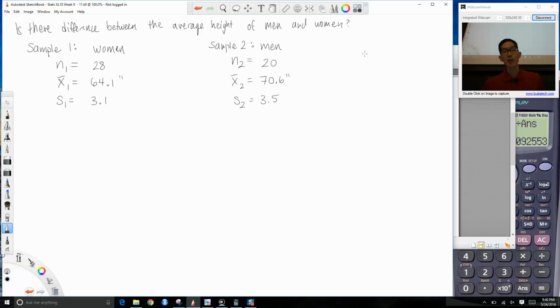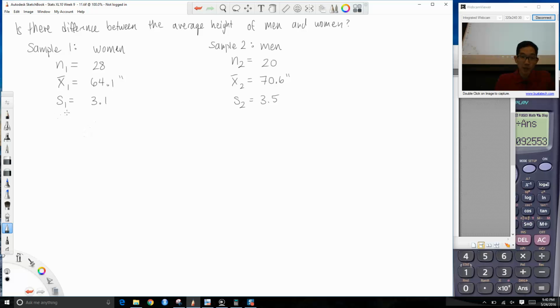So when you're presented with a question, you're going to have to extract and say, this is n1, this is x bar 1, and this is s1. I will not present it to you in a problem all nicely formatted like this, but that's a skill you need to have for this class. If you can do it for one sample, you can do it for 2 samples.